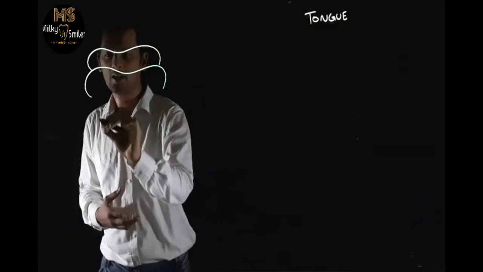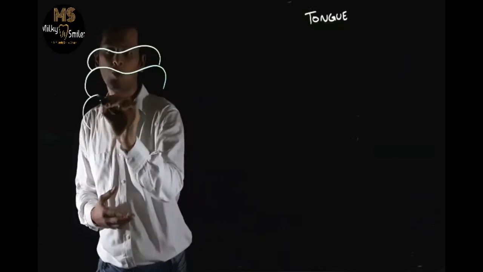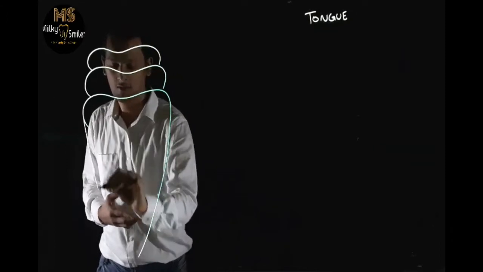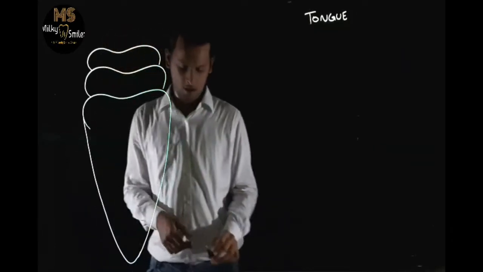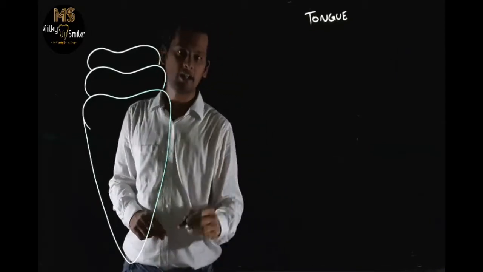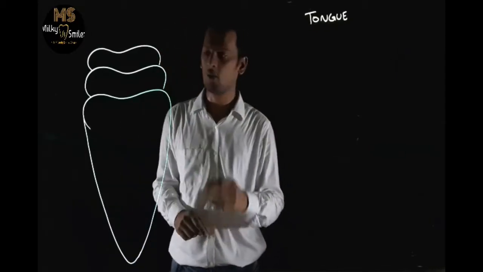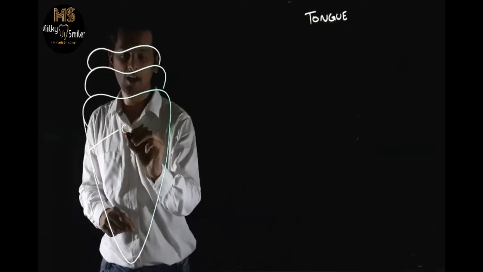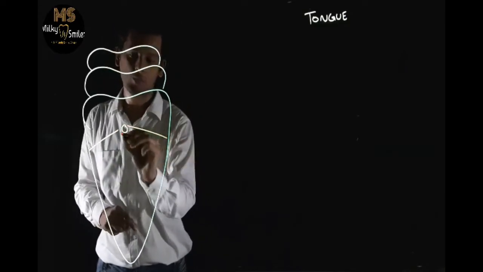The tongue can be divided into different parts. Normally the tongue can be divided into the anterior 2/3 and the posterior 1/3. But before that, let us see what divides the tongue into two parts.